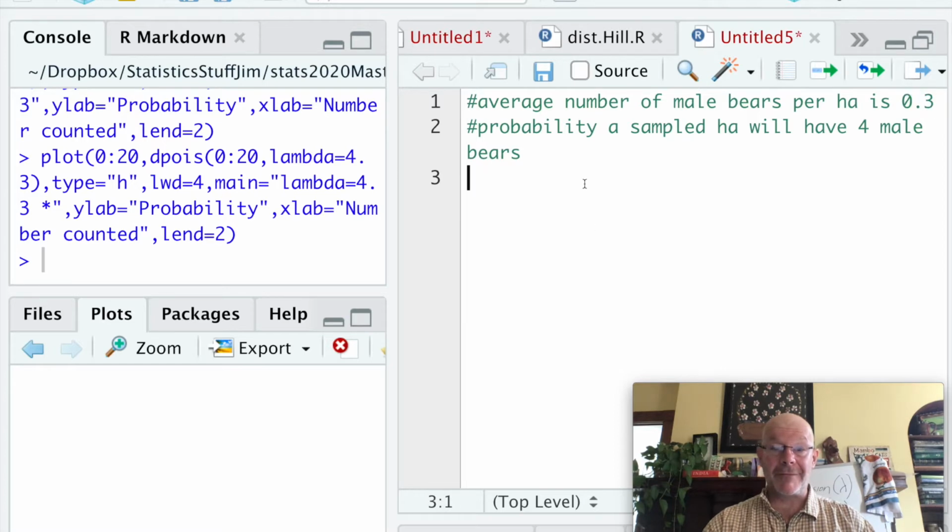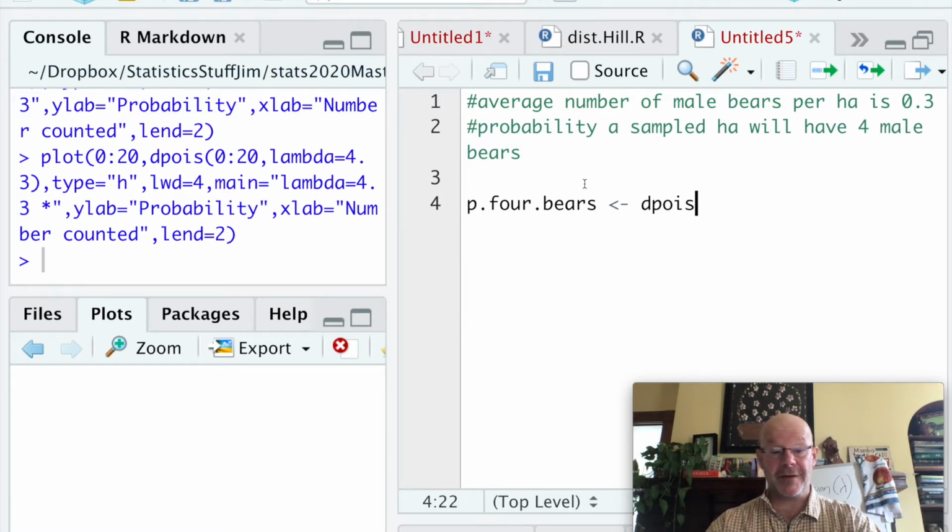And so once we have that, we can calculate the probability of any given type of observation. So let's say we wanted to know the probability of there being 4 bears in any randomly sampled hectare. Well, since we want to know the probability of there being 4 bears, we can use a function called dpois, d Poisson, which will be the probability mass function for a Poisson.